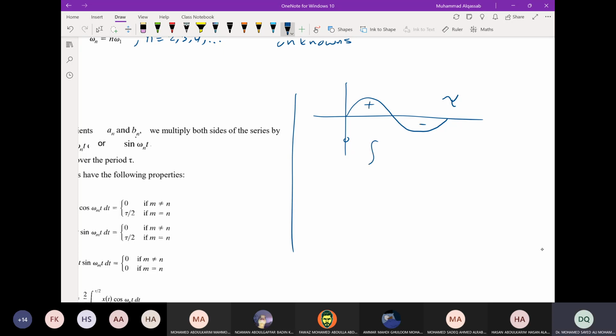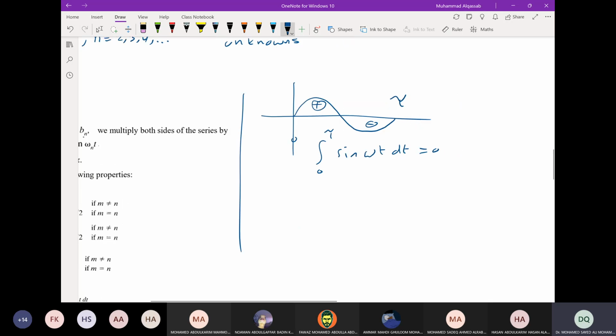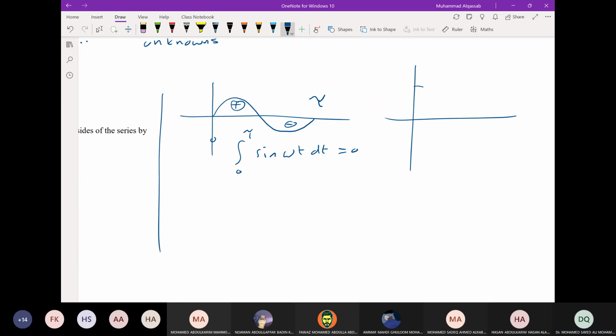So the integration of sine omega t dt from 0 to tau, or over any limits as far as the limit is over one cycle, is 0. The same thing for cosine from 0 to tau is also equal to 0.